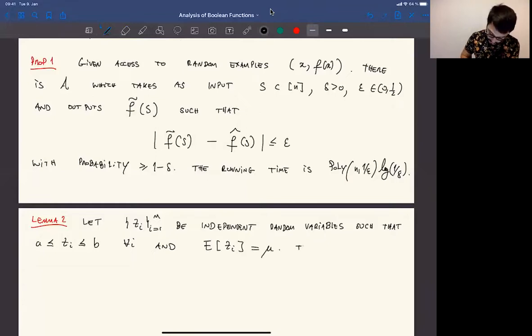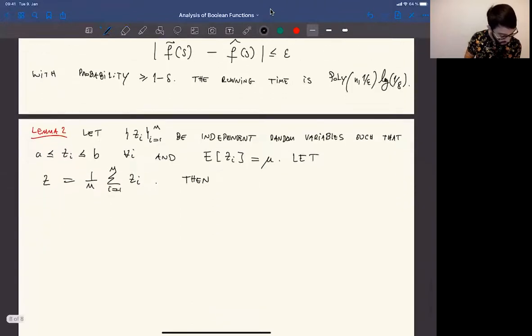Then let z be the average of these. Then we have the following inequality.